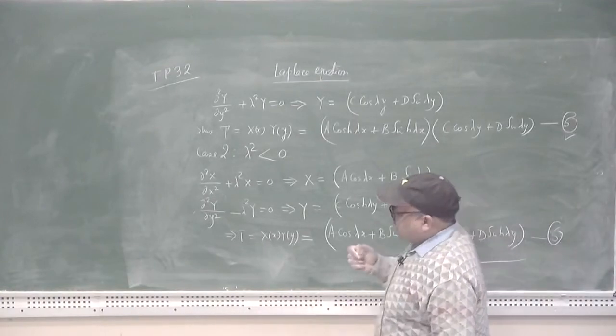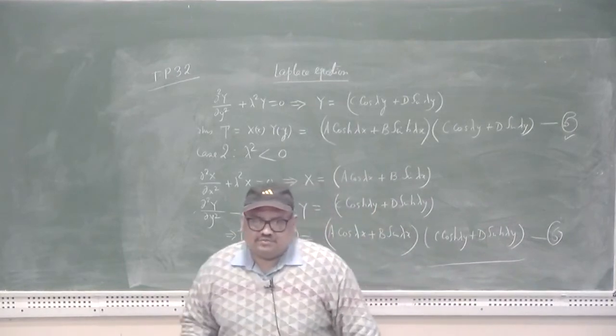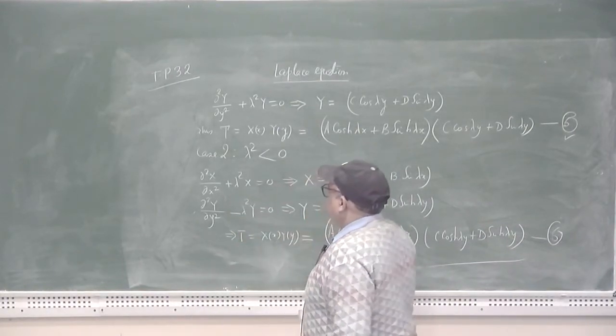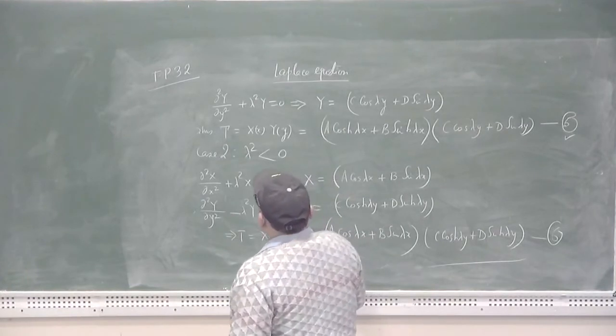Now, we will discuss the third case, lambda square is equal to 0.